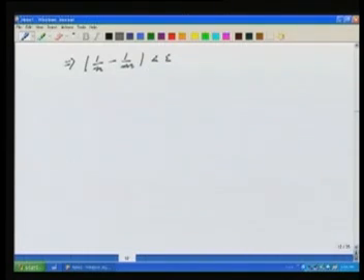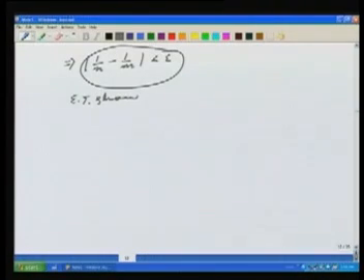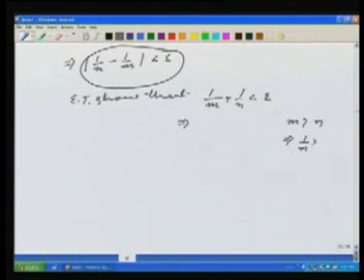To make this less than epsilon, it is enough to show that 1 by m plus 1 by n is less than epsilon. This implies, if I assume that m is bigger than n, that 2 by n is less than epsilon.